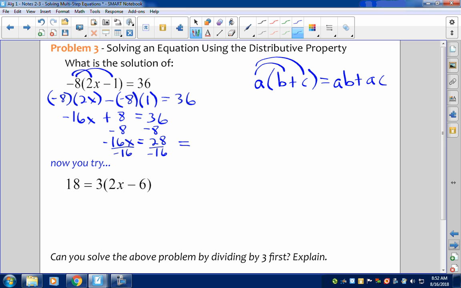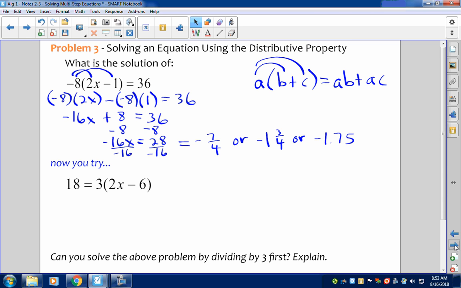So 28 over 16, what does that reduce to if we start cutting it down, right? Cut it in half, it's 14 over 8, and 7 over 4, yeah. So negative 7 over 4, or negative 1 and 3/4. I saw some of you had already done it, and you had negative 1.75. That's correct. Negative 1.75.